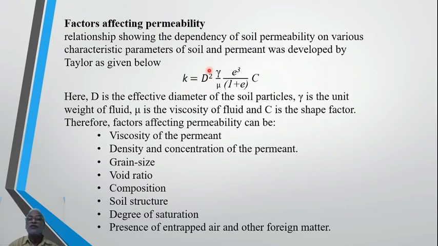K equal to D squared gamma by mu. D is the effective size of the soil particles, effective size in the sense D10. Then gamma by mu are permeant characteristics. So gamma is the unit weight of the fluid, mu is the viscosity of the fluid.